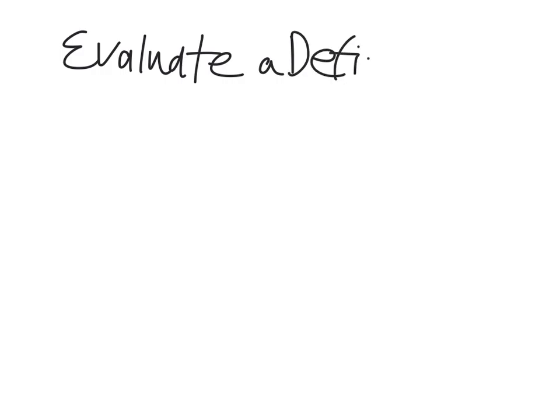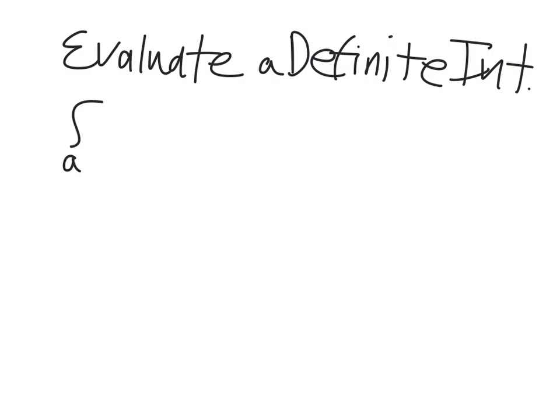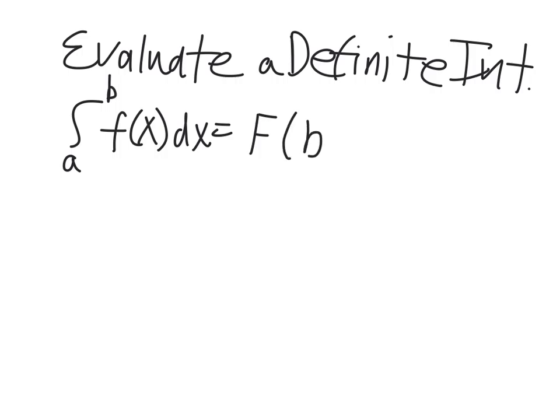So evaluating a definite integral, definitely a possibility. And again, that's your integral from a to b of f of x dx. We find the antiderivative function, and then we evaluate it F of b minus F of a. Now, some of you have been getting these turned around. You go F of a minus F of b, but it's the top one first and then minus the bottom one.